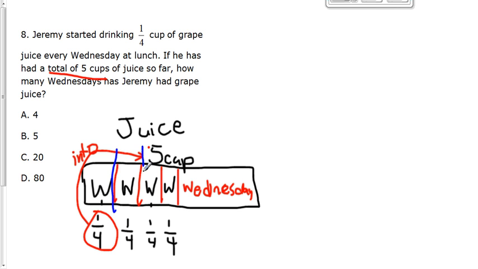You're breaking it up. You're breaking it up in pieces. We're dividing it up. So here the operation is division. Plus I'm wanting to see how many times it goes into. So I'm dividing it. 5 divided by 1/4.